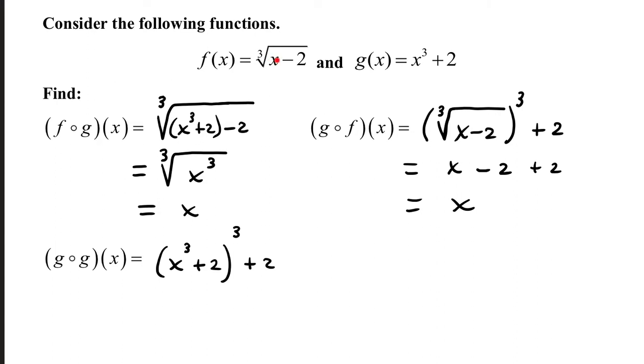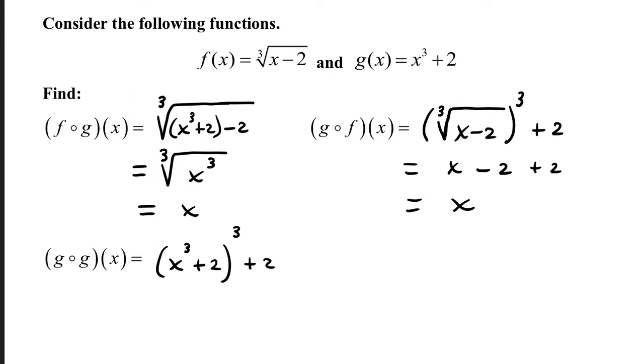But we only have one variable here. X cubed plus 2, that's going to go into this variable position, giving us the cube root of x cubed plus 2 minus 2. The 2's zero out. We're left with the cube root of x cubed, which is x to the first. 3 divided by 3, x to the first.